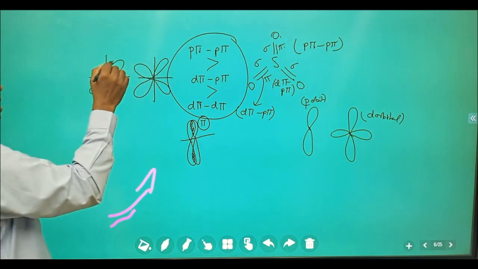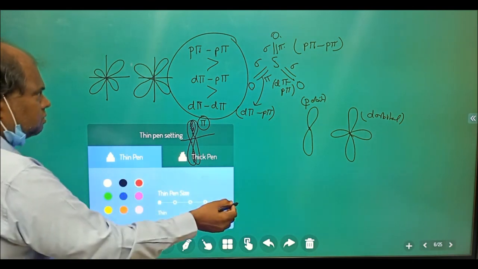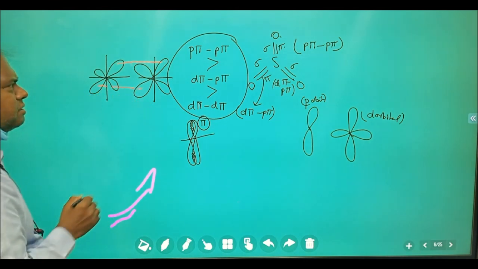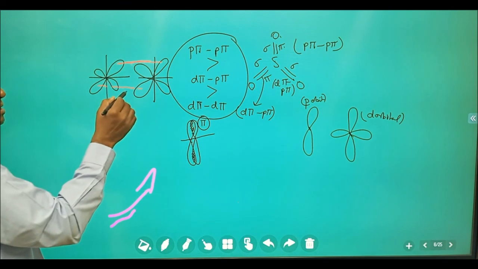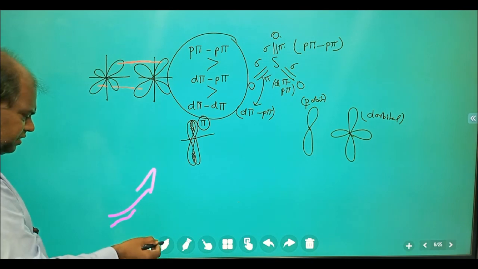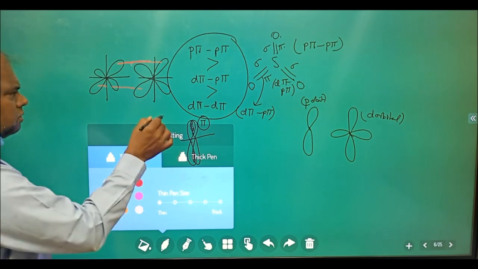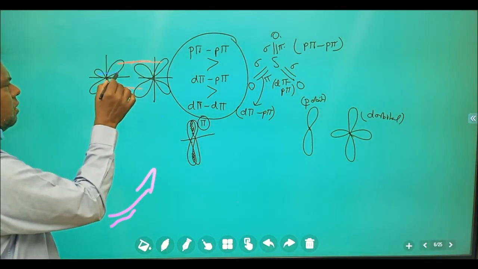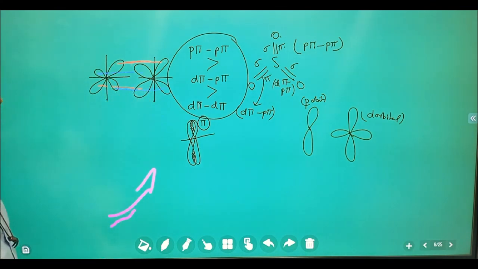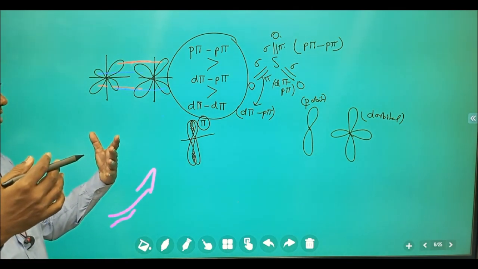Now see here, a pi bond will be formed between this and this. Okay, not that strong. Similarly, you can get a bond between this. Clear? Can you see d orbital overlapping? It is something like this.